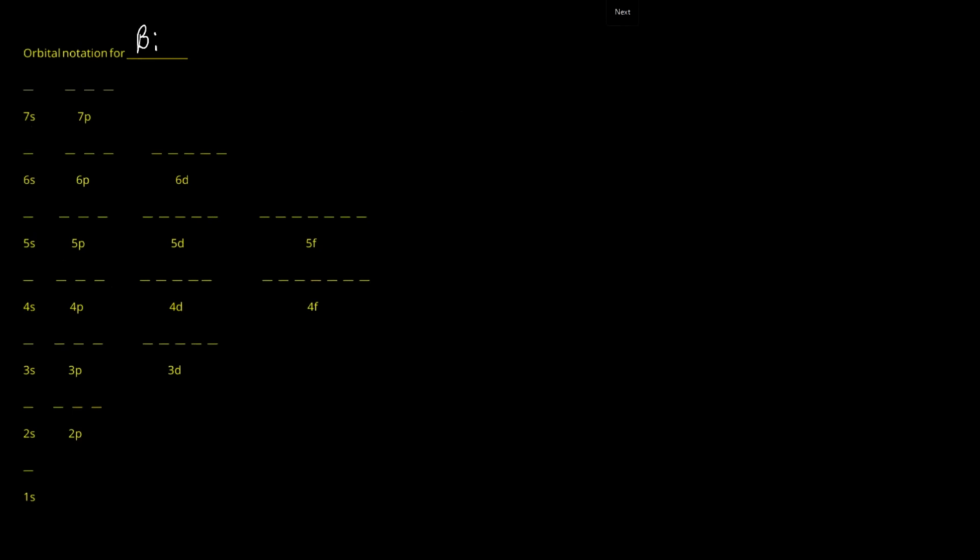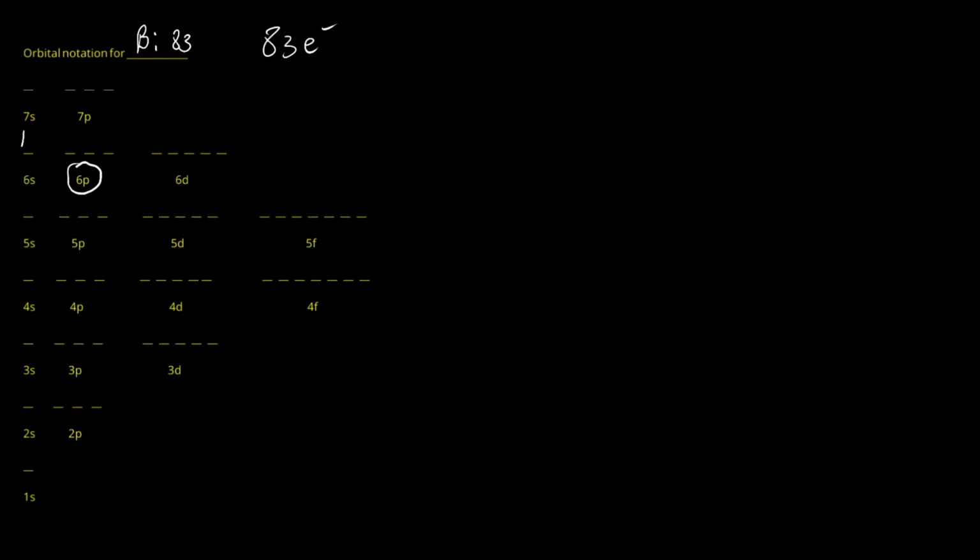Okay, let's try a really large atom, bismuth. Bismuth has 83 electrons, okay? I noticed that bismuth is located in 2p, 3p, 4p, 5p, 6p. So I know I'm going to end here in 6p. Let's fill it in starting at 6s.